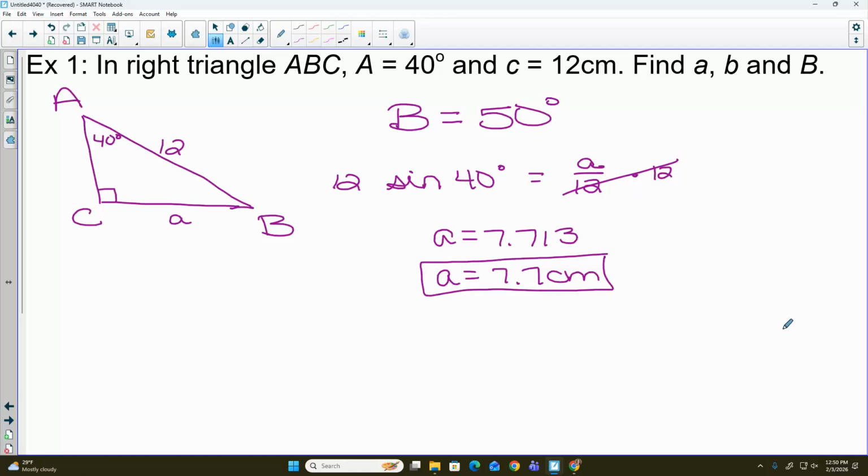All right. On these problems, I'm going to make a request that you show me a little bit of work. Because didn't we just round 7.7 quite a bit? Yeah. You could get side B a couple different ways. You could do Pythagorean theorem, or you could do another trig function.